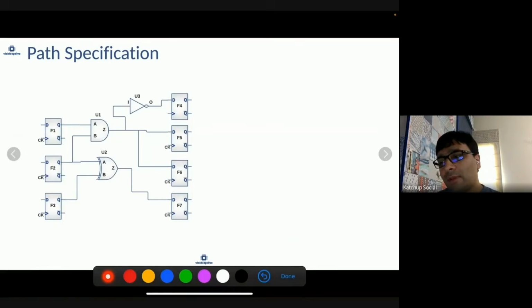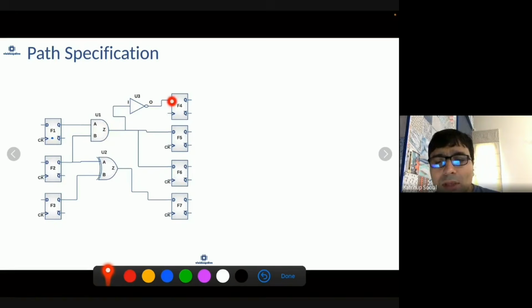Before we understand timing exceptions, we need to understand a format in SDC or constraint commands known as path specification. As we know, there are start points and endpoints in the design, and there is combinational logic between start points and endpoints. So there are multiple paths which can exist. Let's say you want to change the default behavior of the timing analysis on some paths.